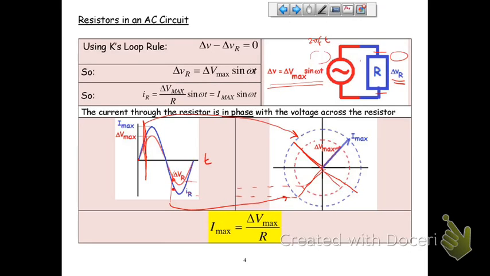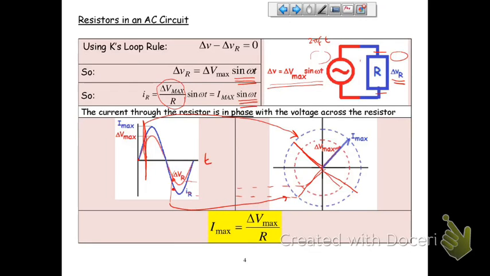We know that because that's how we designed it. So my current equals delta V max over R times sine omega t. Oh, interesting. And that, of course, is my delta I max, so my I max sine omega t. So what I see is sine omega t for voltage gives me sine omega t for current.